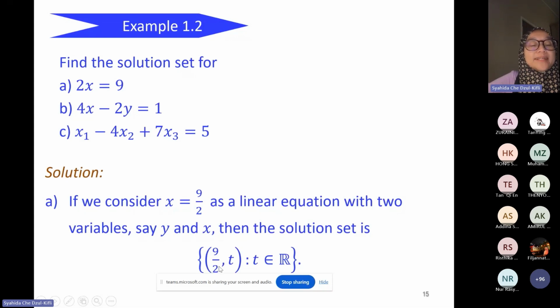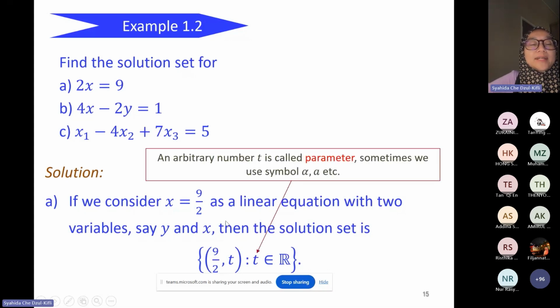The first component is 9 over 2 and the second component is t. t can be any real value, therefore we may call t a parameter.